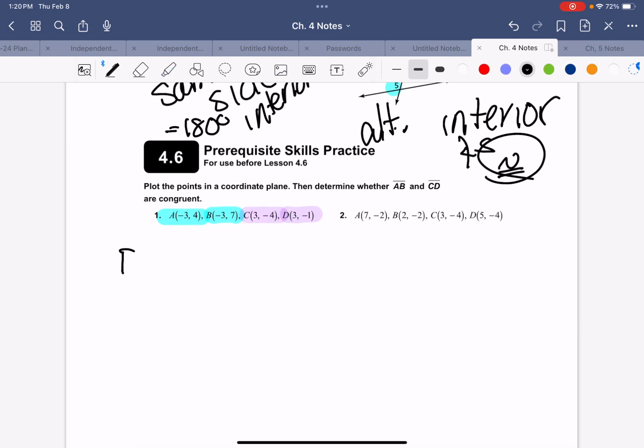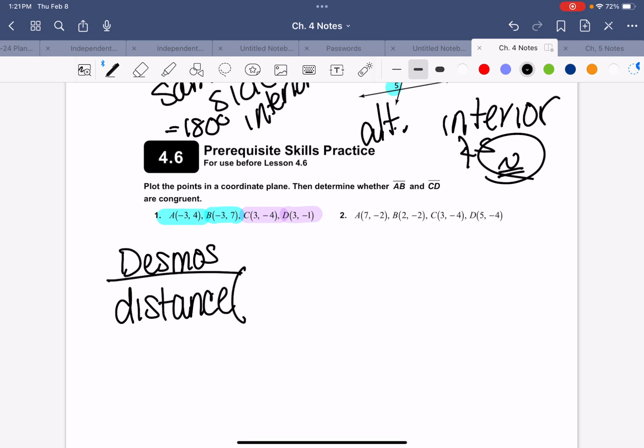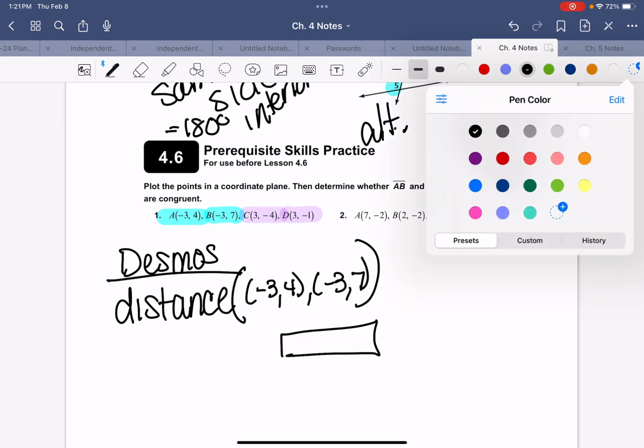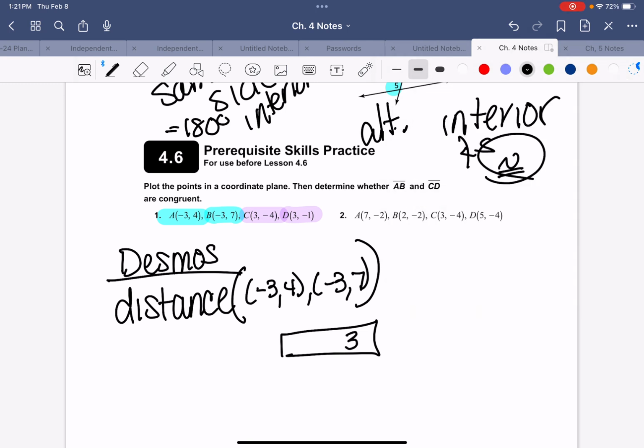So go into Desmos, and you're going to do distance. And you're going to do -3, 4, -3, 7. And it's going to spit out an answer right here for you. And that answer is actually 3.